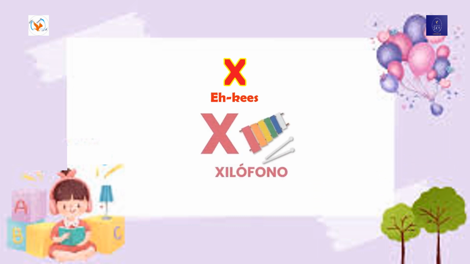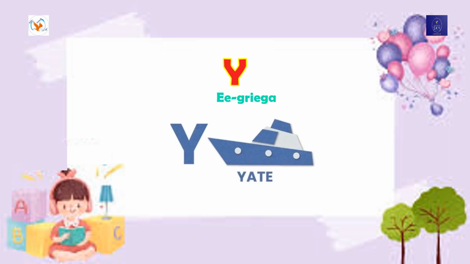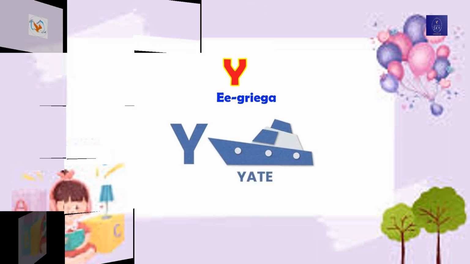Moving on to X. In Spanish, X is pronounced as X. Now let's explore Y. In Spanish, it is pronounced as Y. And finally, the letter Z, which is pronounced as Zeta.